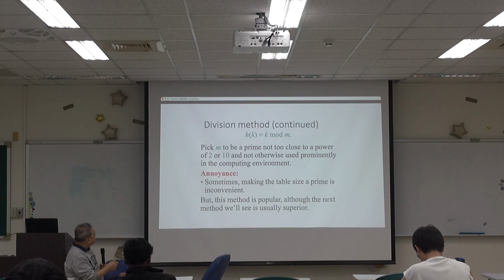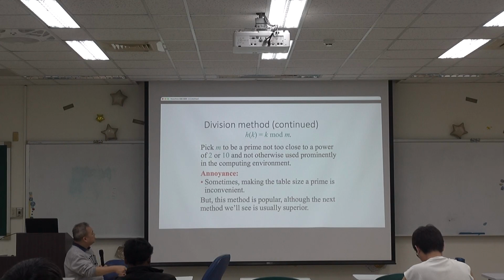So as I said, you could pick n to be a prime, not too close to a power of 2 or 10, and not otherwise used prominently in the computing environment.